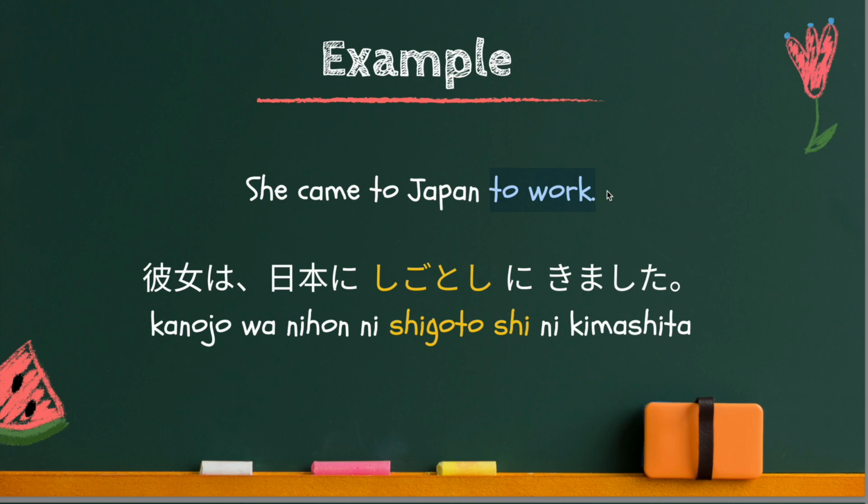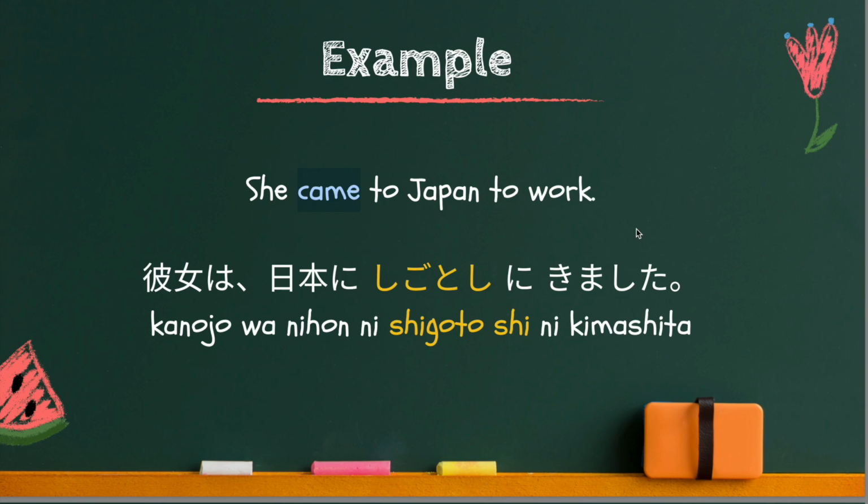To work, this is the purpose. So the verb stem is 仕事し。Mas form is 仕事します。So you have to drop mas off. Then the remaining part. Verb stem is 仕事し。So after that add に particle. Then lastly the verb 来ました, came.